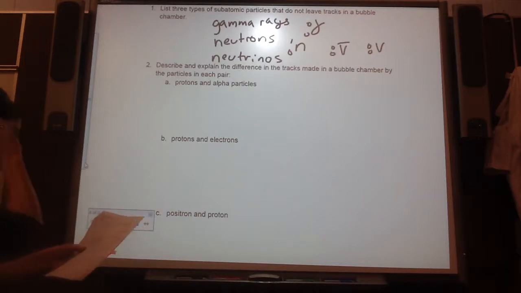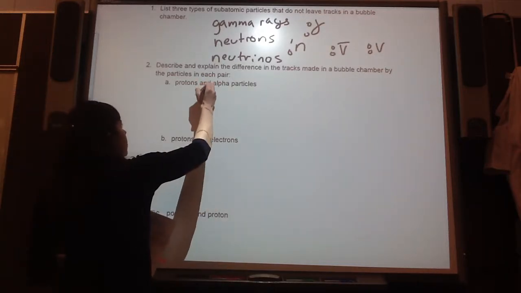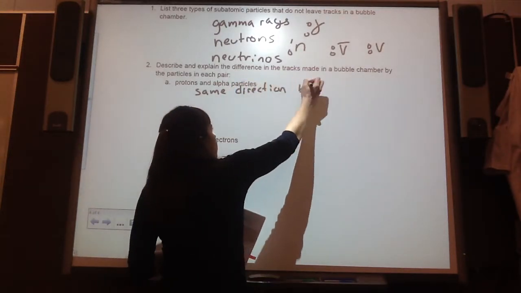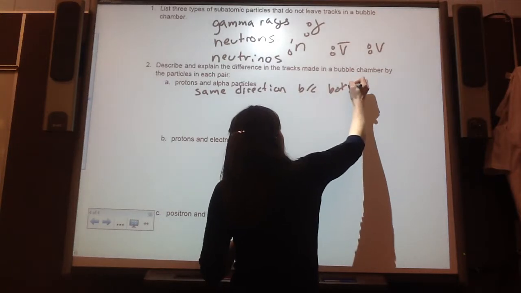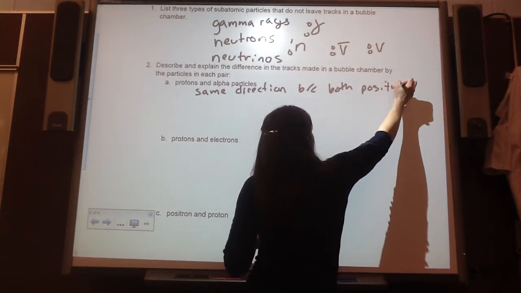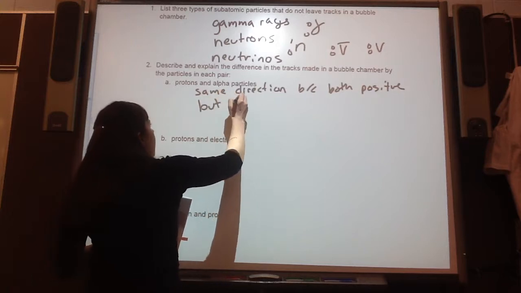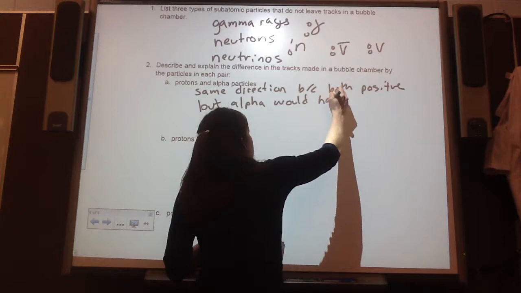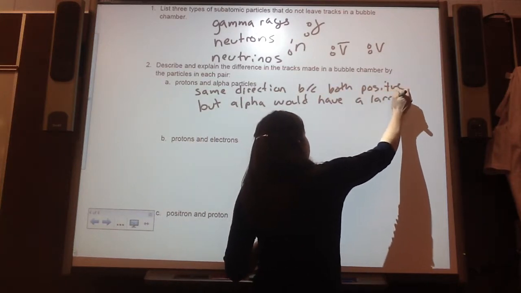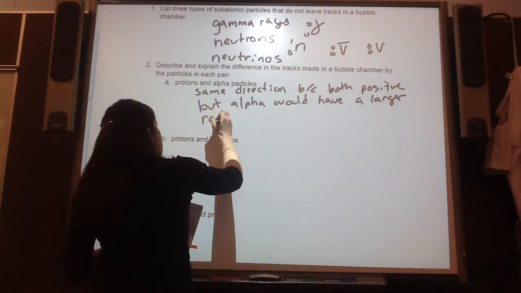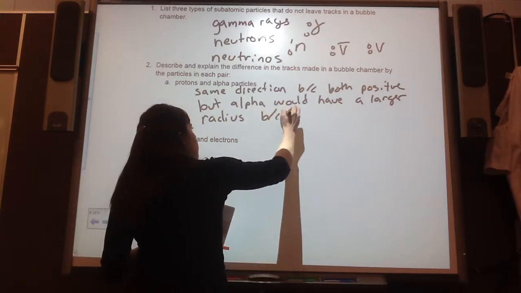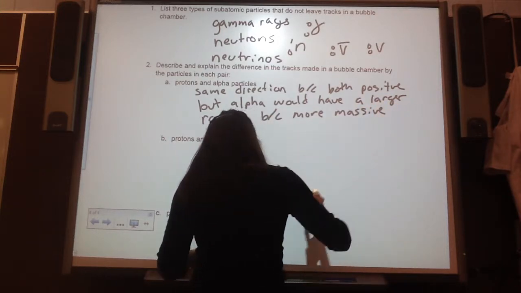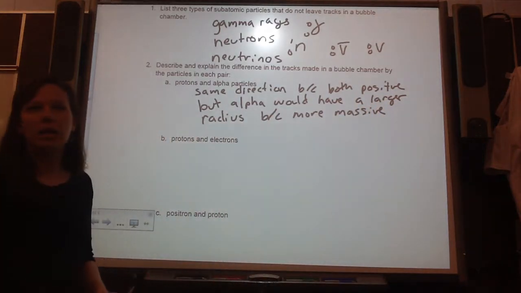They would have the same direction because both are positive, but the alpha would have a larger radius because it is more massive, meaning it has more mass.